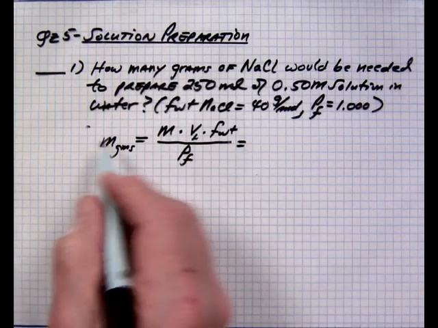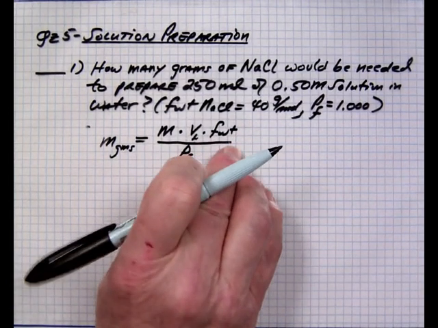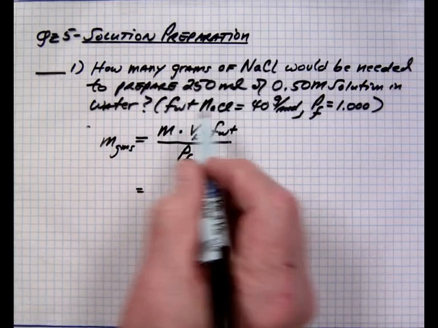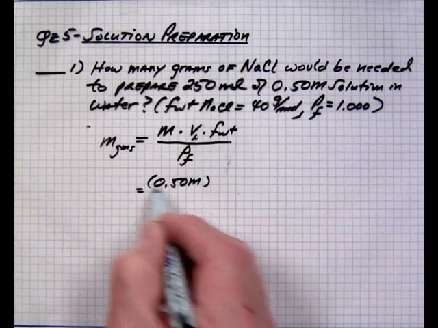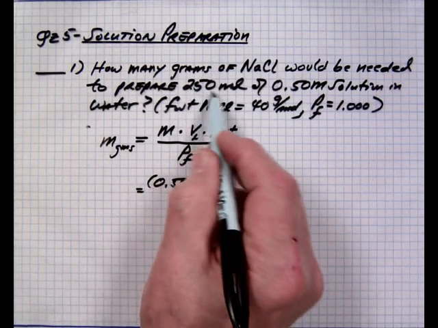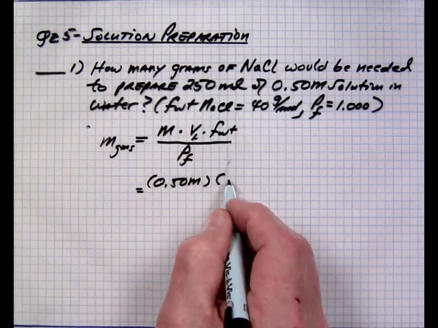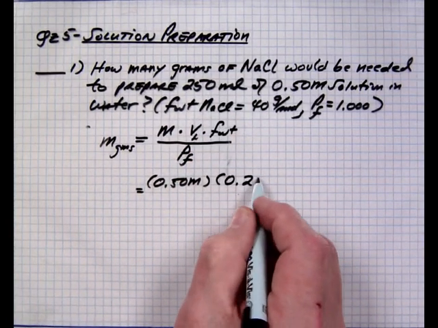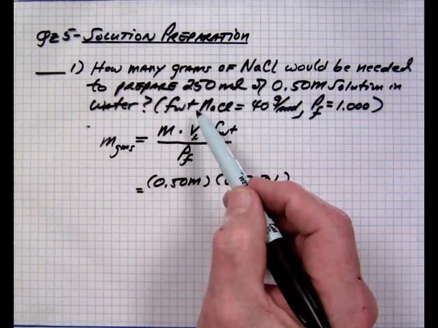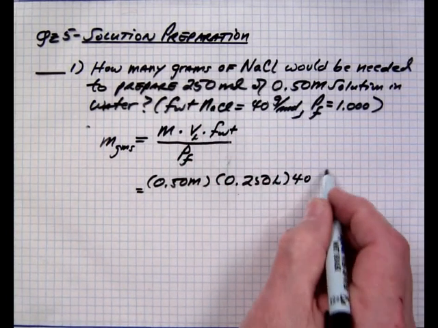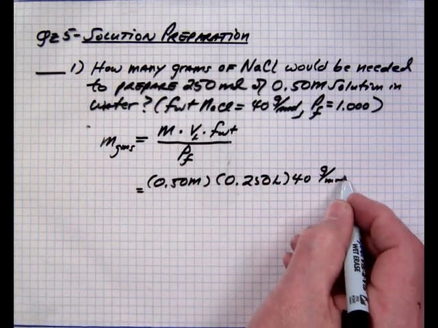So the molarity we're looking at, let's just bring it down here. Molarity you'd like to have is 0.50 molar. You want to prepare 250 mils in liters, divided by 1,000, which gives 0.250 liters, and the formula weight is 40 grams per mole.